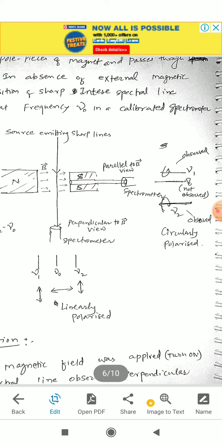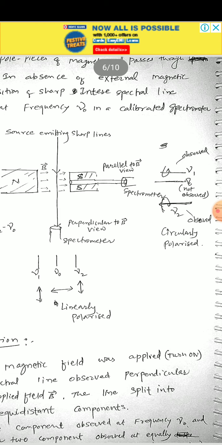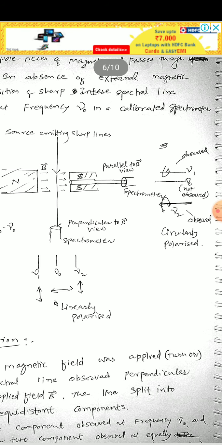when viewed parallel to the magnetic field. In this case, two lines are clearly observed, at the frequencies nu 1 and nu 2, and the nu naught frequency is not observed. If we take the difference between nu 1 and nu 2, that is 2 times delta nu. So the nu naught frequency is absent, and this splitting of spectral lines is circularly polarized.